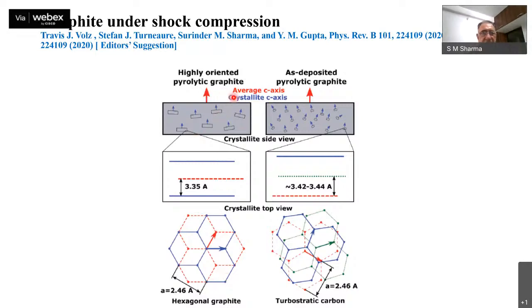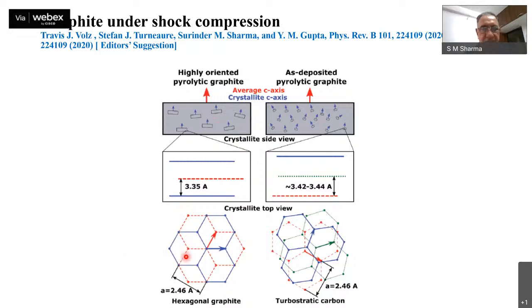For example, if this is almost perfectly aligned, then each crystallite has an atomic structure which is also absolutely in order. We'll call it an AB kind of structure. You see, this is one layer and the red is another layer, perfectly in sync with each other. So this we call hexagonal graphite, or perfectly crystalline phase, if you will.